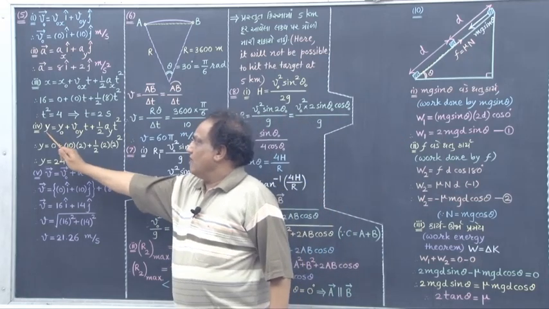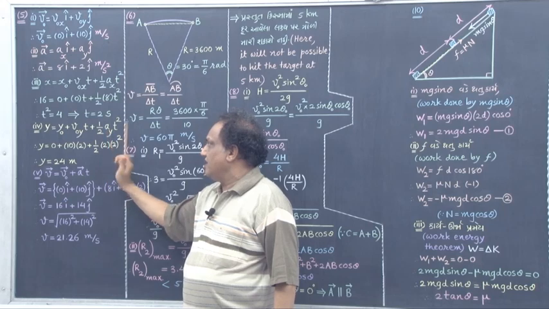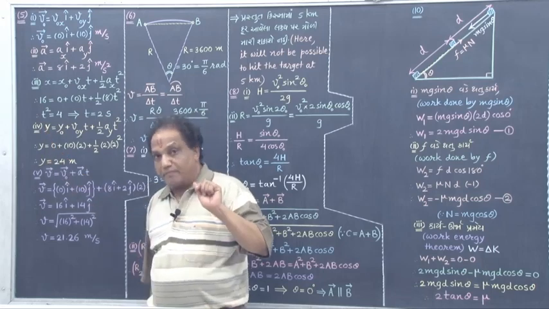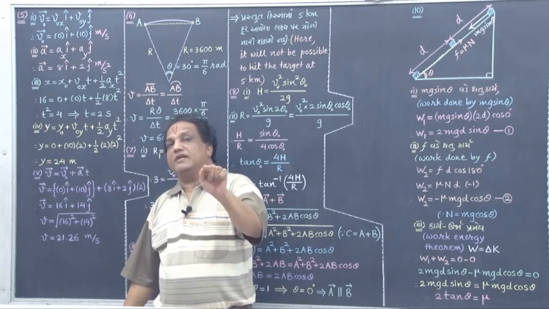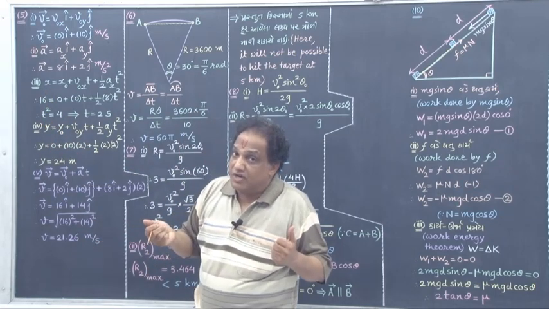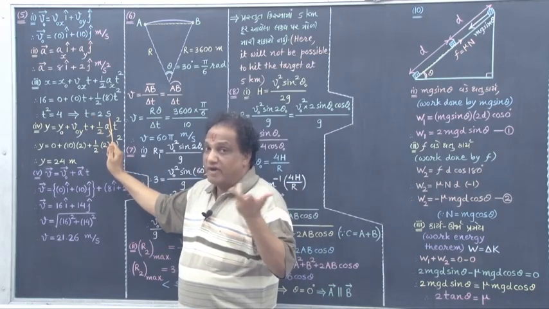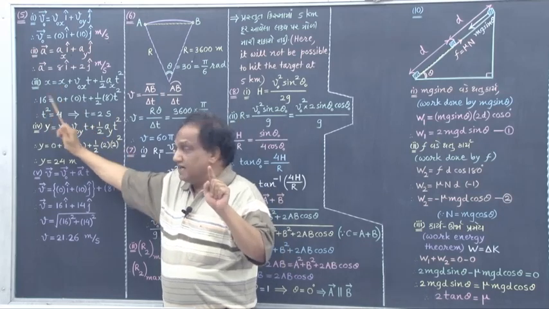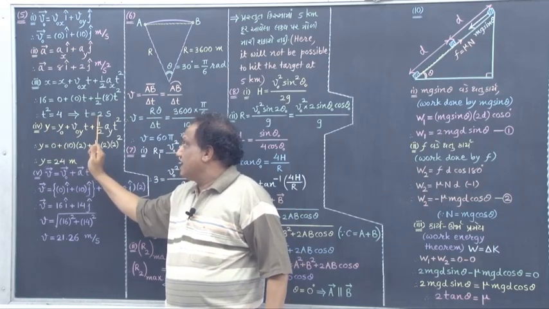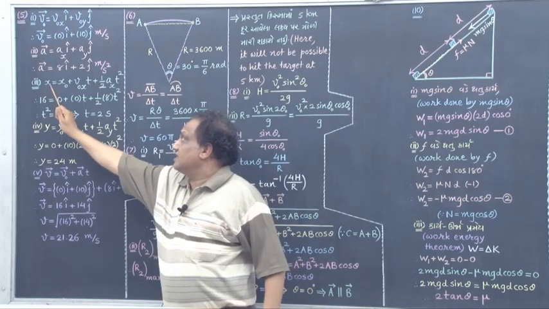They require the y coordinate of that particle when its x coordinate is 16 meters, but we know that when the x coordinate is 16 meters, time is 2 seconds. So, what should we do? We should find this y coordinate at time t equal to 2 seconds, because at time t equal to 2 seconds, the x coordinate is 16 meters.